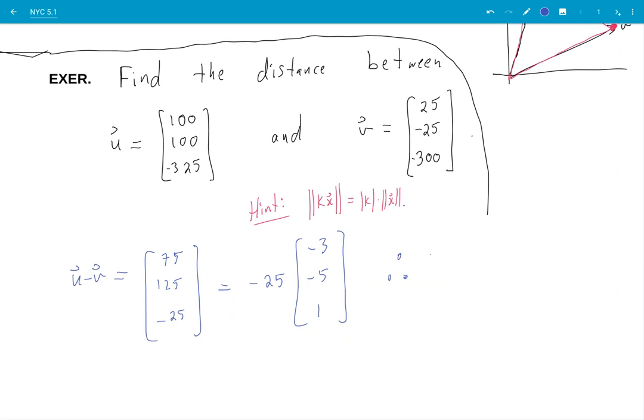So therefore, the length of u minus v is the absolute value of negative 25 times the length of this vector here. So 9, I square that, plus 25, plus 1, which is 25 square root 35.